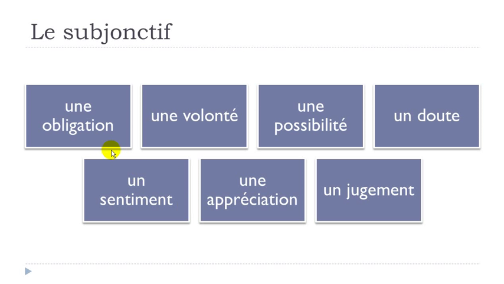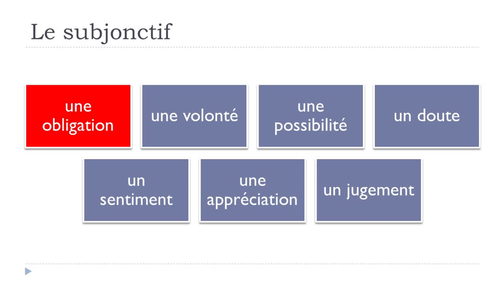So if you want to express une obligation, something you have to do, une volonté, something you want to do, une possibilité, possibility, un doute, a doubt, un sentiment, a feeling, une appréciation, appreciation, and then un jugement, judgment. So in these cases, we'll use after this verb le subjonctif.